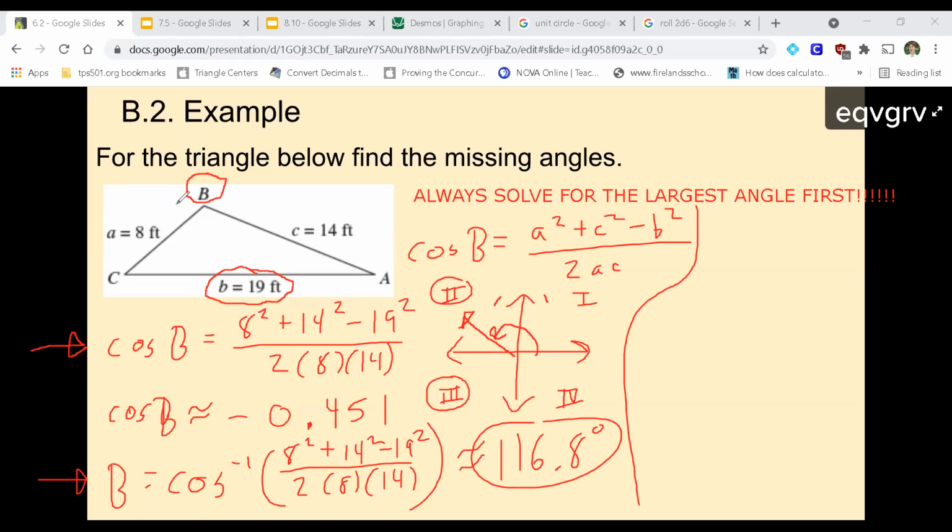Again, it doesn't really matter which one you solve for first, A or C, but we're going to do the sine of A over A equals the sine of B over B. Plug in: sine of A over 8 equals the sine of 116.8 over 19.